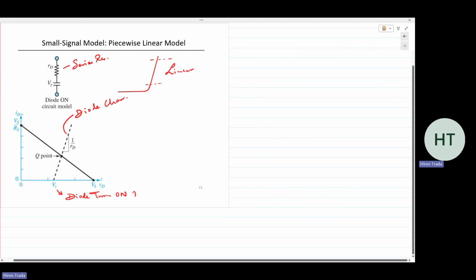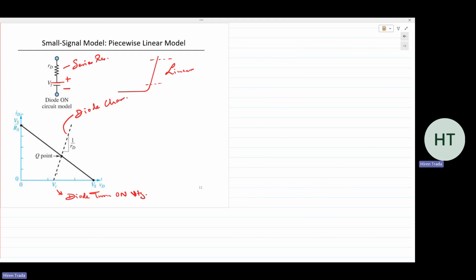Here it uses V gamma, and gamma is not a capacitor, it should be a voltage source. Anode is plus, cathode is minus. That simply shows a little bit of voltage that is turning on the diode.